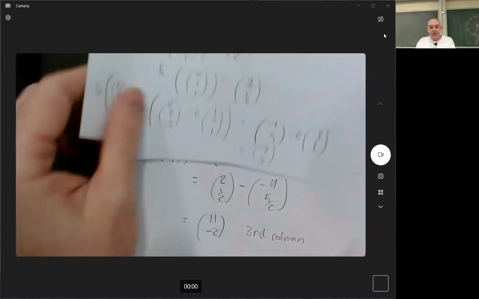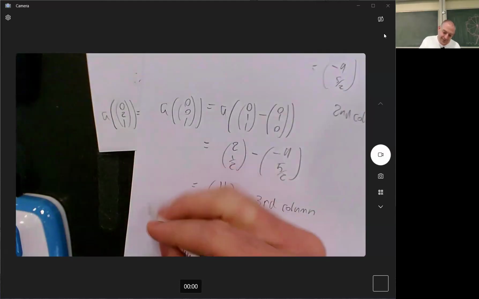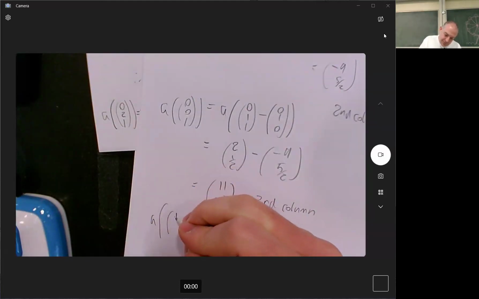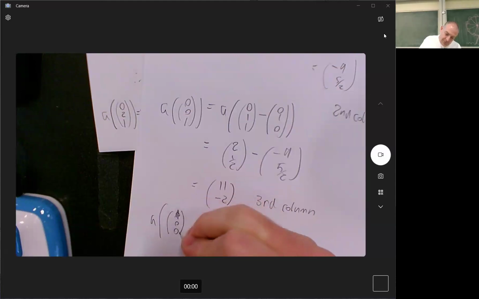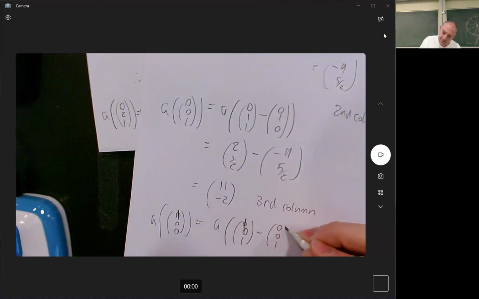Awesome. Let's see what else I've got. Oh, yes, I've got 1, 0, 1. If I take off 0, 0, 1, that gives me 1, 0, 0. So G of 1, 0, 0 is G of 1, 0, 1 minus G of 0, 0, 1. And G of 1, 0, 1 was 3, 1. And 0, 0, 1 was, I just did that one, didn't I? 11, minus 2.